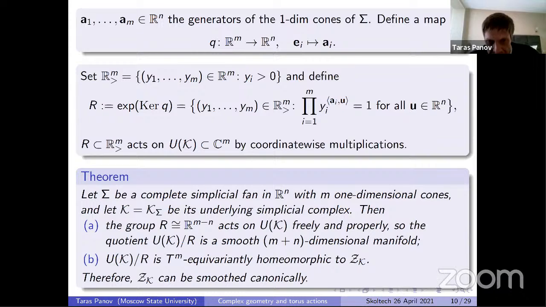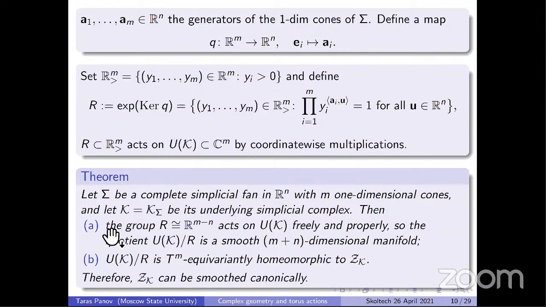But it works in a more restricted case when you have a polytope rather than a fan. Okay, so freeness corresponds to being simplicial, and properness corresponds to being a fan. I haven't defined what a proper action is, that the action map is proper.